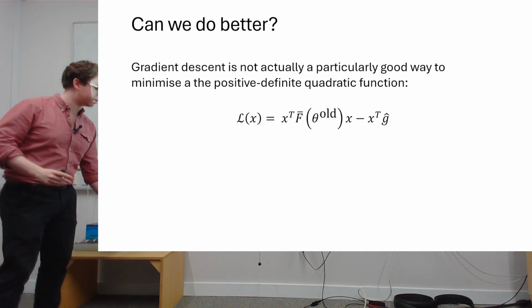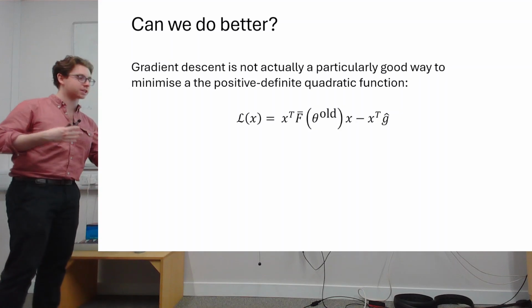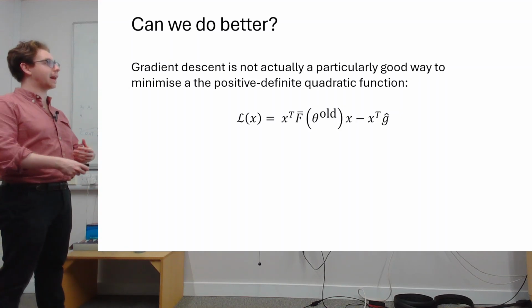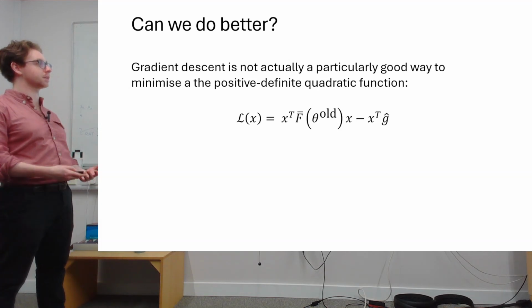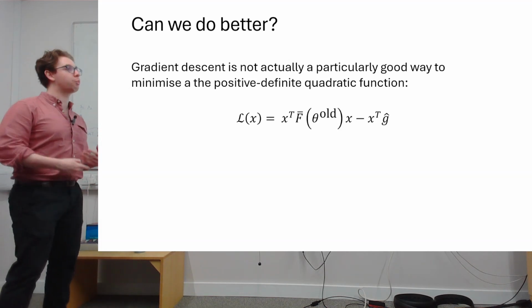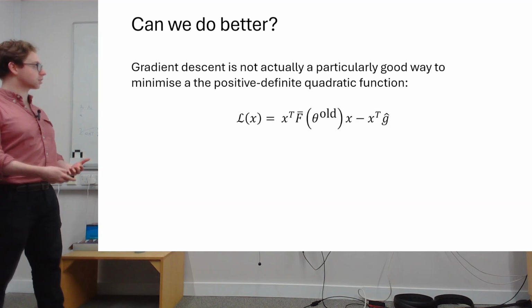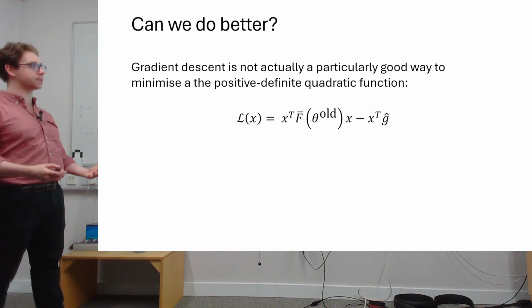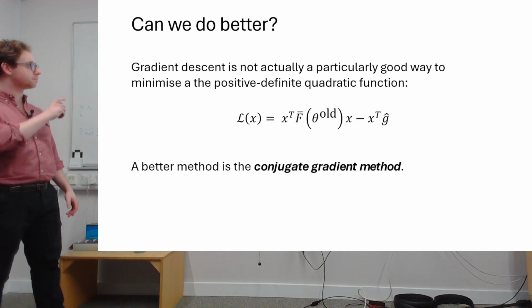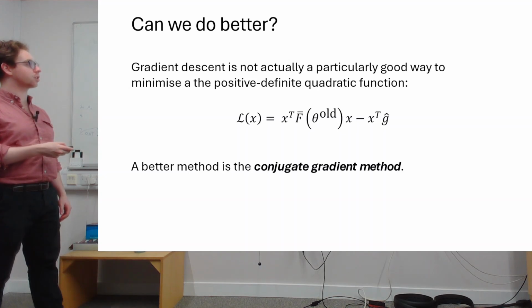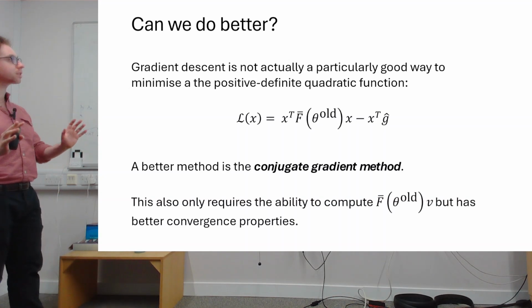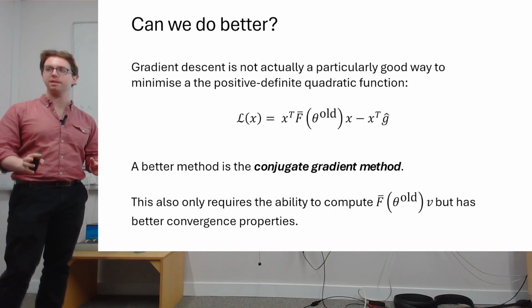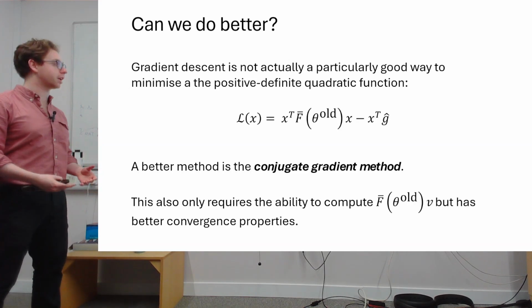Convex optimization as a field cares a lot about this problem, and there are lots of methods within convex optimization for solving it. One method that works very well is the conjugate gradient method, which is why I've called this whole section conjugate gradients. So a better method is the conjugate gradient method for minimizing a quadratic, and I'm not going to go into it because it's very complicated. If you're interested, I encourage reading up on it.